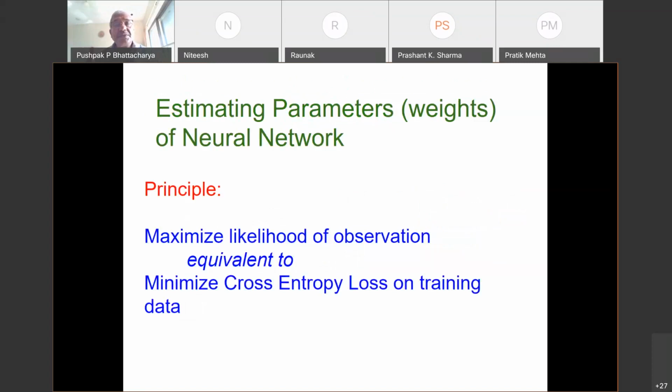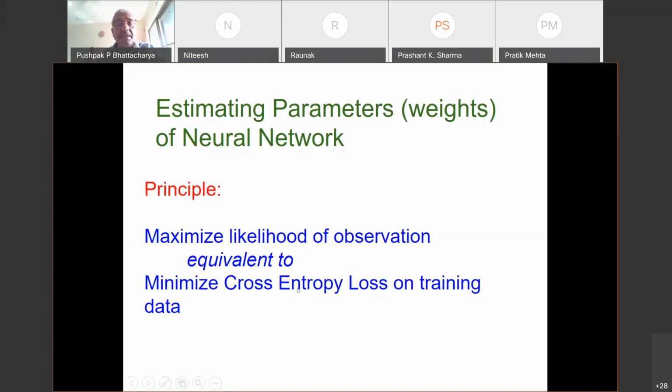So now the question that arises is, when we use backpropagation and estimate the parameters through a loss function, which is cross entropy, and there is softmax at the outermost layer, then fundamentally what are we doing? When we minimize the cross entropy loss on training data, we are equivalently maximizing the likelihood of observation.